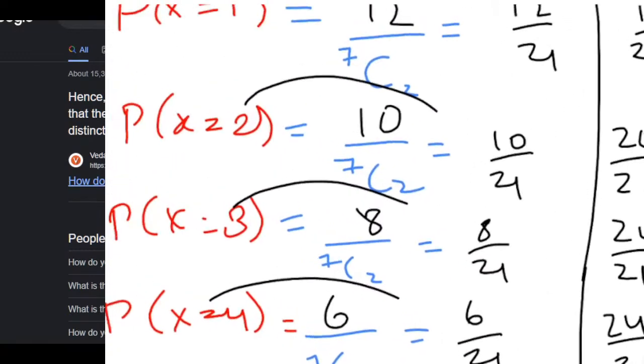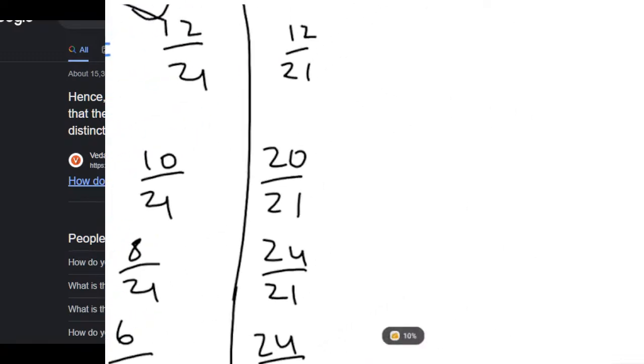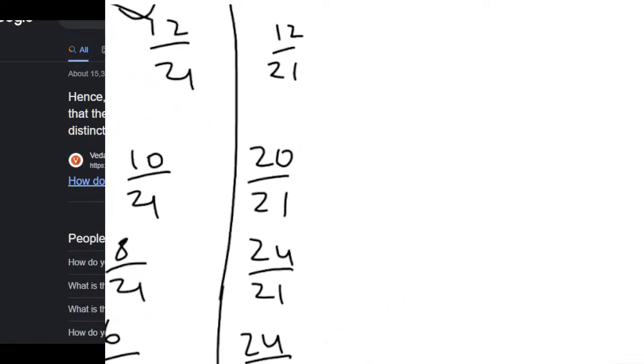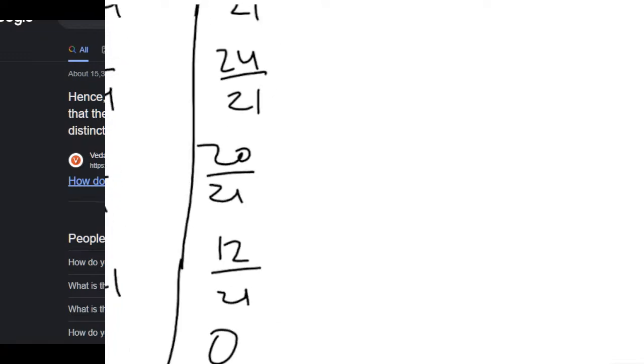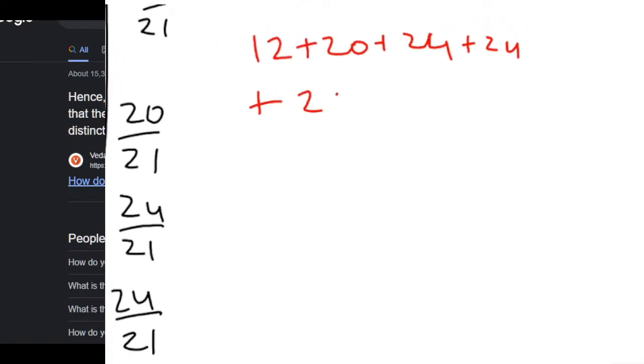Okay, so what you have to do is add this up. So what is this? 12 plus 20 plus 24 plus 24 plus 20 plus 12, divided by 21.